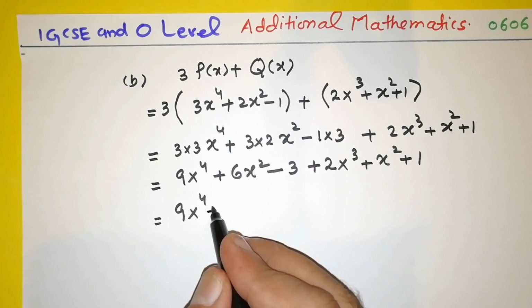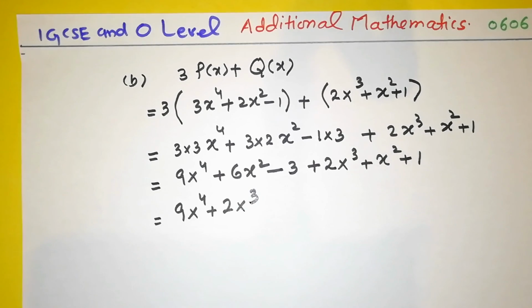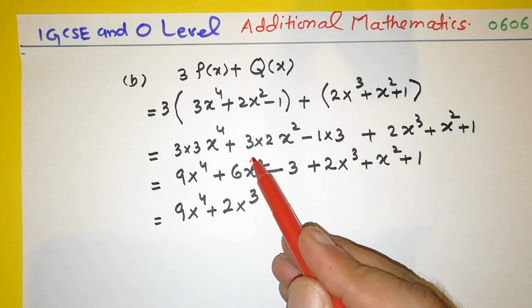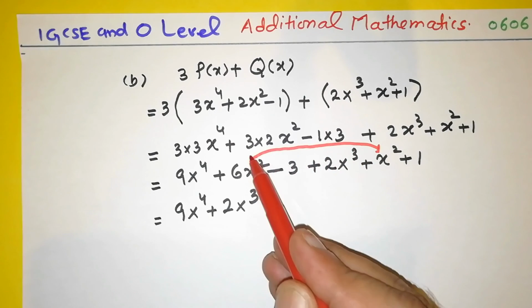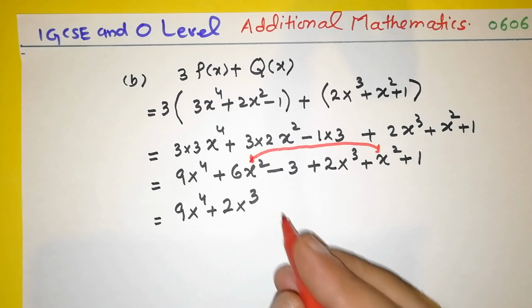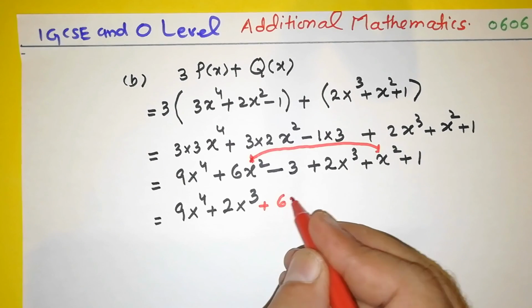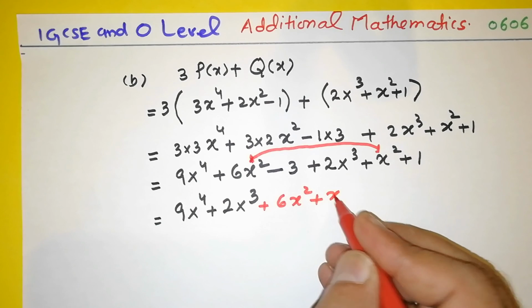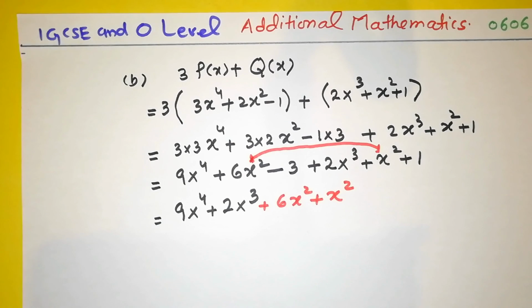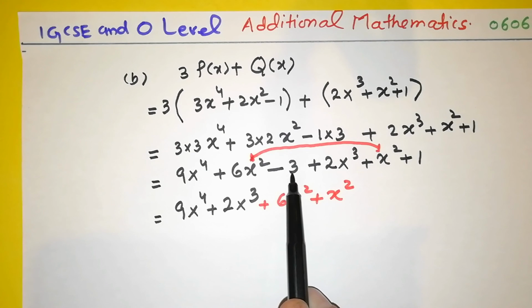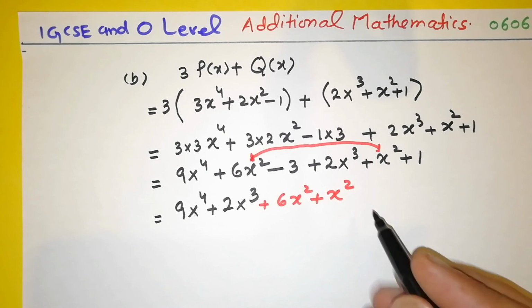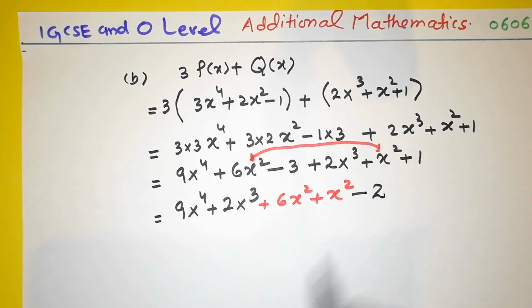So plus 2x^3. Now students, see here, there are two like terms, second degree terms, x^2. So we combine these two terms, 6x^2 plus x^2. And students, you know, there is a constant minus 3 and there is a plus 1. When we add minus 3 and plus 1, we get minus 2.